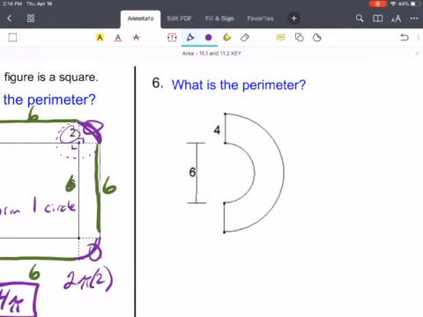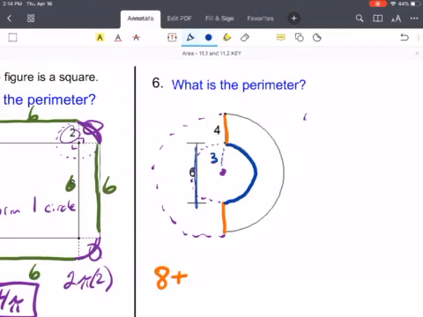Perimeter of this is an inside smaller circle and an outside circle as well. I have a straightaway of 4 and 4, so I'll take my 8. And then I need to add my inside half circle, which this distance is 6, that tells me my radius is 3. So half of the circle.